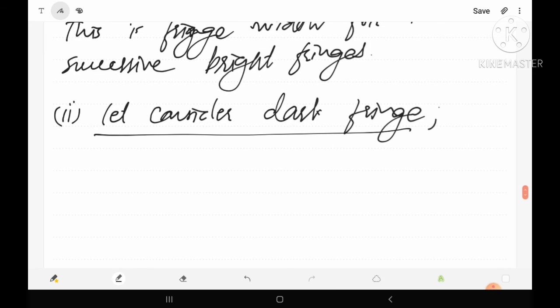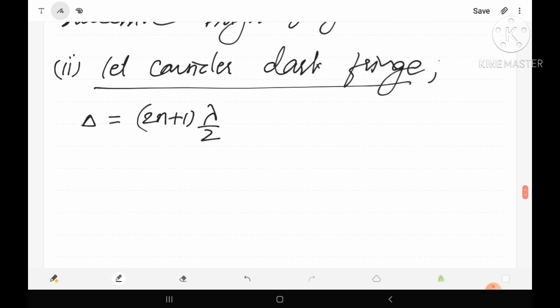Obviously, the path difference which we have found by derivation, 2yd upon capital D, is equal to 2n plus 1 lambda by 2.